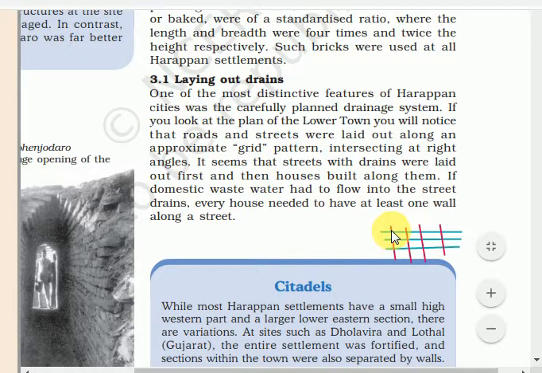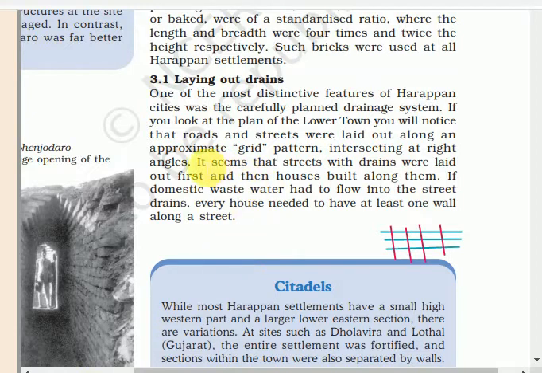When streets and roads cut each other at right angles, along with these roads and streets, on both sides of the streets and roads, the drains were built. It was seen when the archaeologists excavated the sites. So it means it had a well planned drainage system.